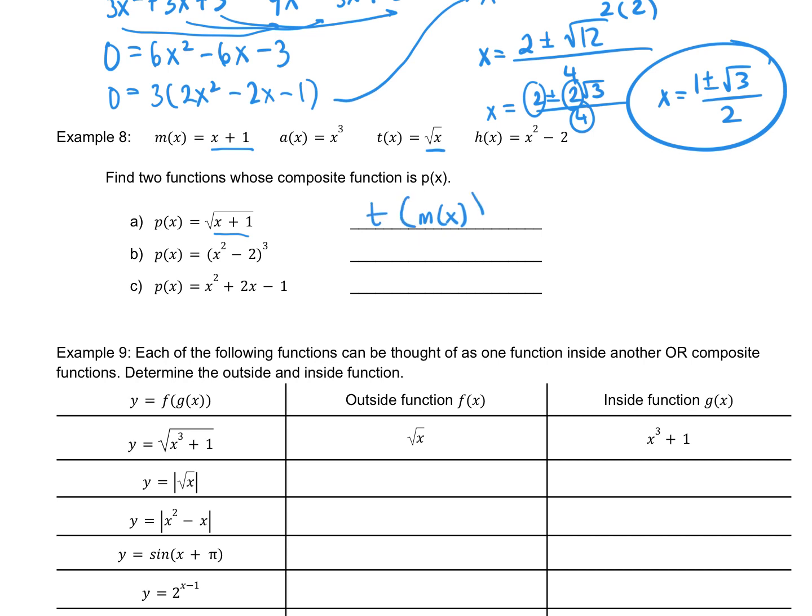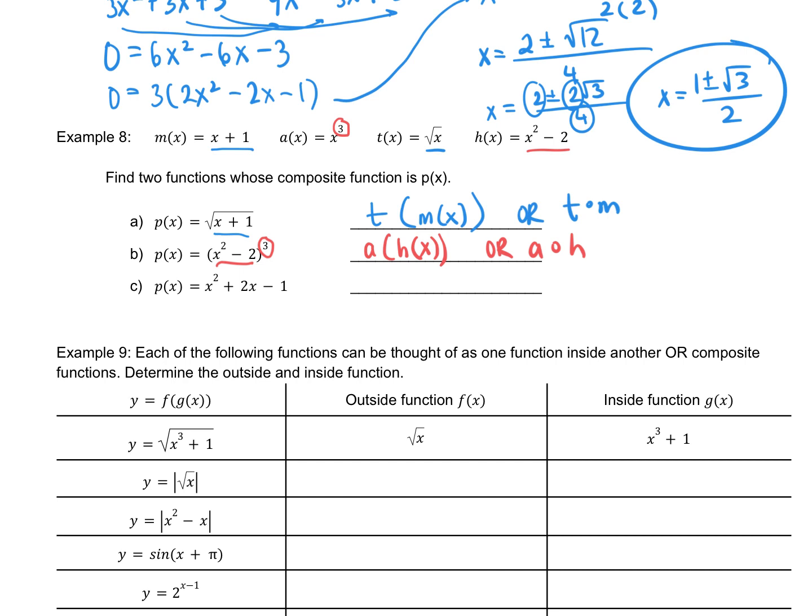So t of m of x, or t composite m. For the next one, the outside function is the cubic, the inside function is h of x. So cubic on the outside, the parabola on the inside. Or you could write it as a composite h.